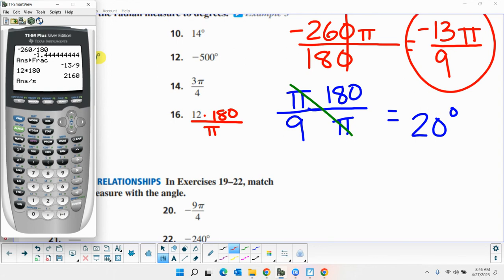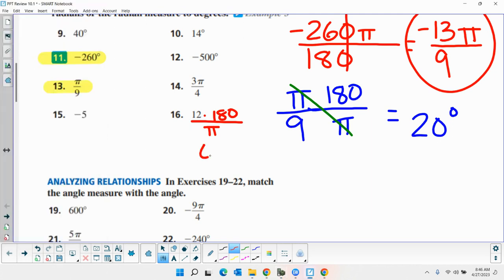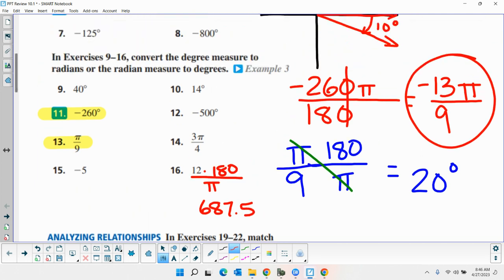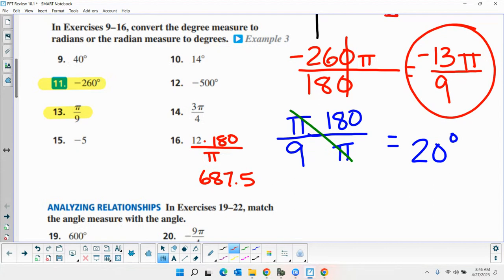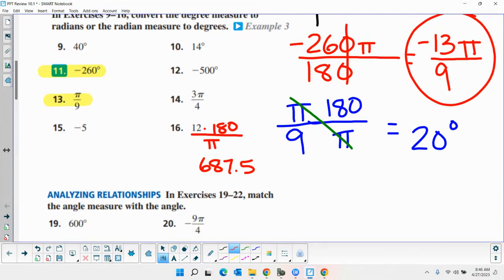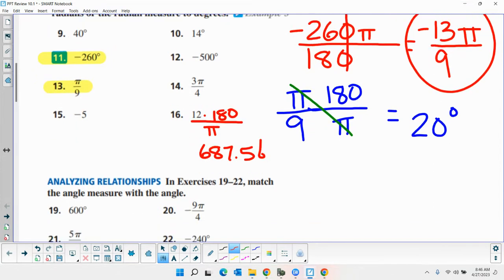There's your pi symbol. So it's 687.5. I don't know if you had to go to 100. It didn't say. So if you just put 688 or 687.5, or however you want. That's supposed to be a degree symbol.